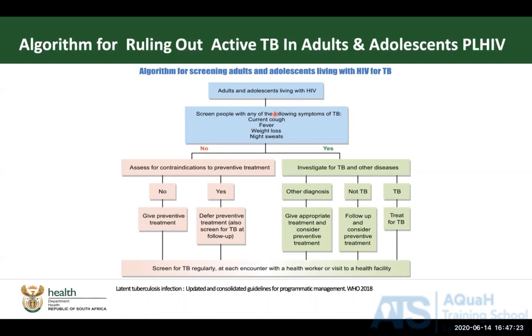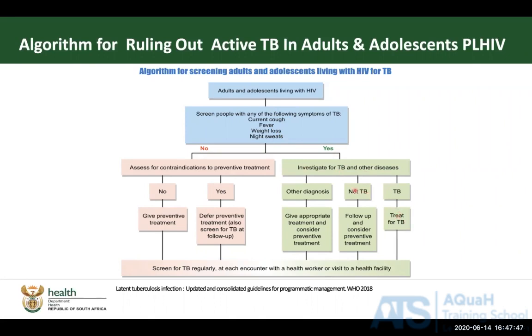So we use these 4 questions: cough of any duration, fever, weight loss, and night sweats. If the client or patient who is being screened has any of these symptoms, we then have to investigate them for TB. If TB is confirmed, they would be treated for TB.